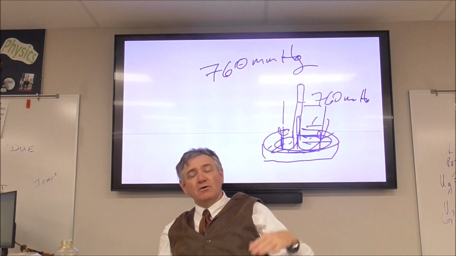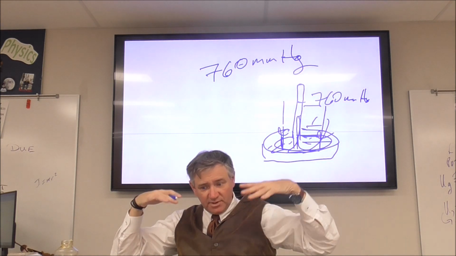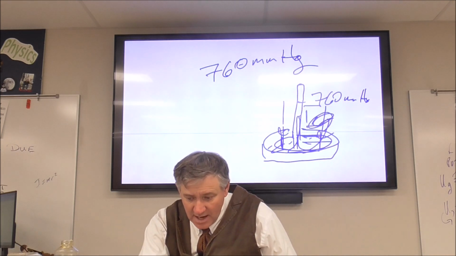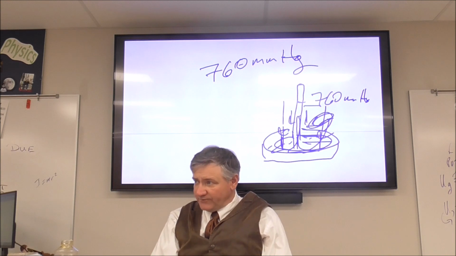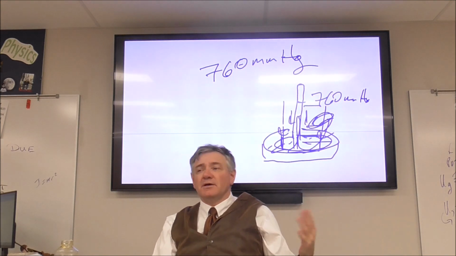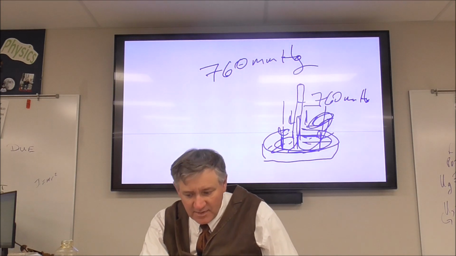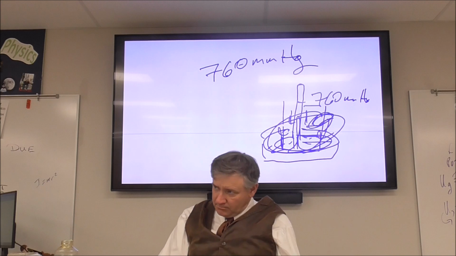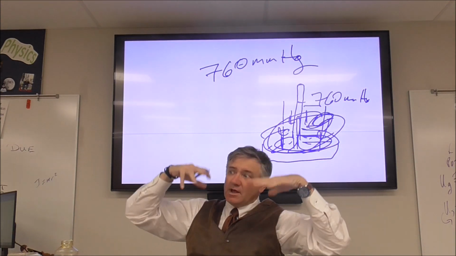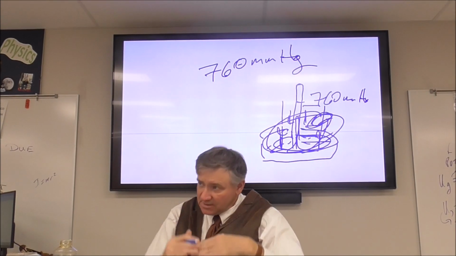So if you have less pressure, like a low pressure system moving in, then there's less pressure on the outside, so that mercury would fall. If you listen to the weather, they'll say atmospheric pressure is falling, because typically moist air is less dense, and therefore there's less pressure pushing on that mercury, and you would see that fall.